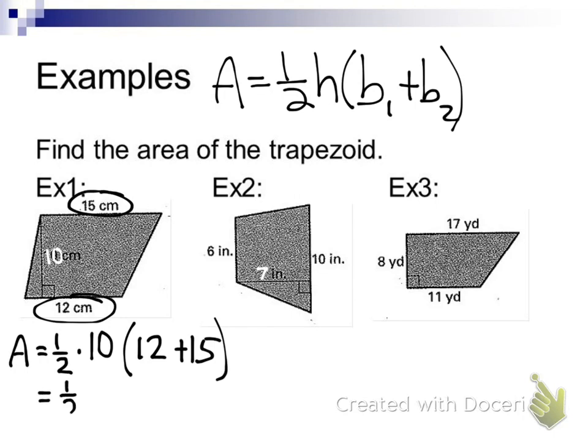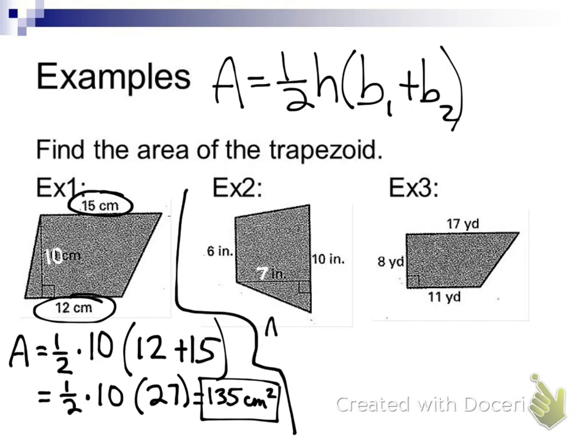So we'll have 1/2 times 10, and then that would be 27. So we can do 1/2 times 10, which is 5, and then times the 27, which is 135. Still talking about area, so go ahead and square those units in your answer.